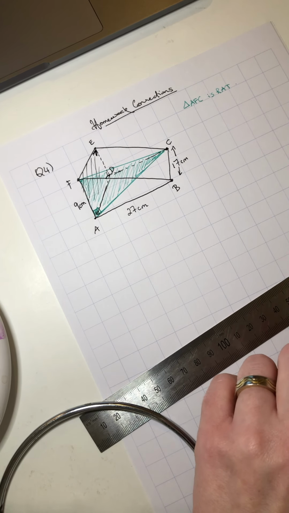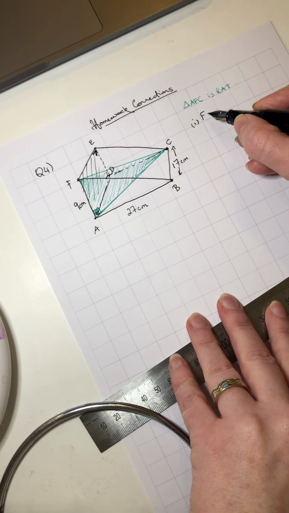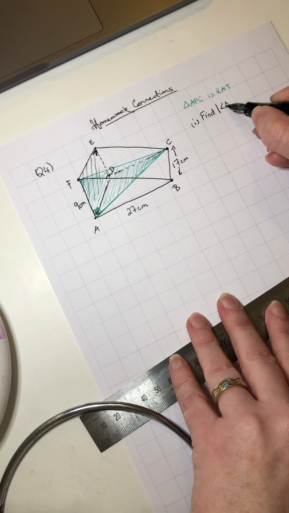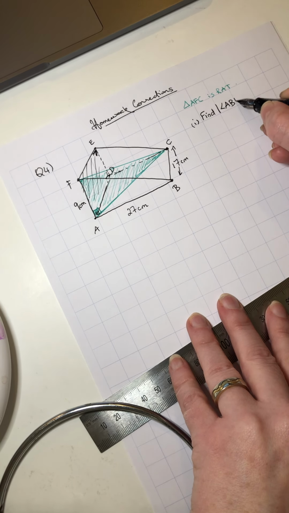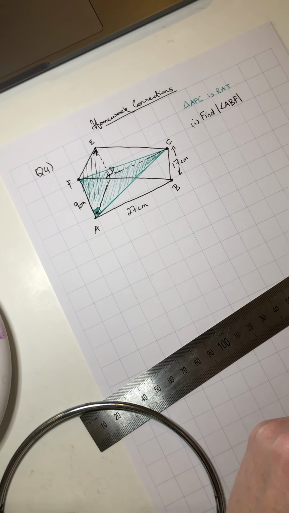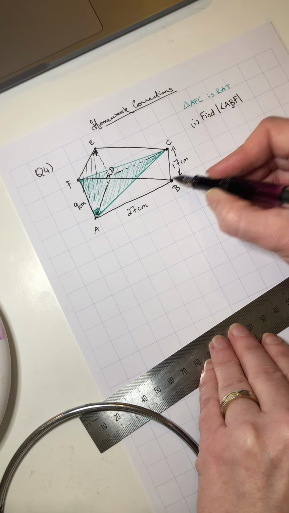The first thing they ask us to do is to find the measure of the angle ABF. Okay, now we know from geometry that whatever the middle letter is the angle that we're talking about. So we're going to be looking at B down here.